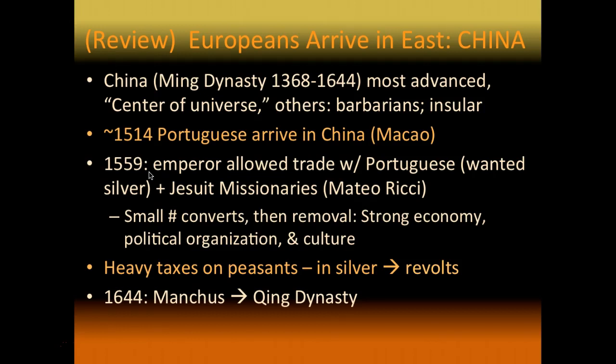Q is pronounced CH here. So it's not Q, it's Ch, so the Qing dynasty in 1644. And even though the Manchurians are Chinese, they were seen as foreigners. And in many ways, because of this, they were more open to trade with the Europeans.